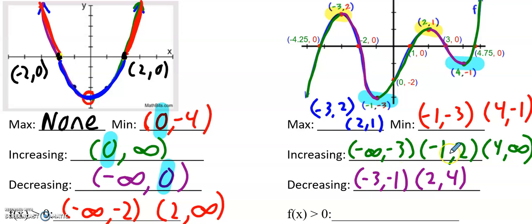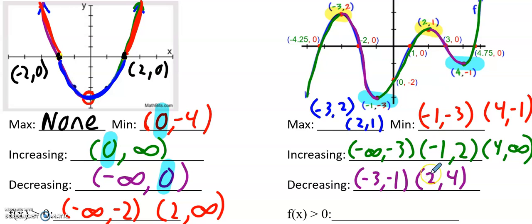Again, these are changing from increasing to decreasing at the x coordinates of the minimums and maximums. From -infinity to an x coordinate of -3, I was increasing. From the x coordinate of -3 until the x coordinate of -1, I was decreasing. From -1 until +2, I was increasing.